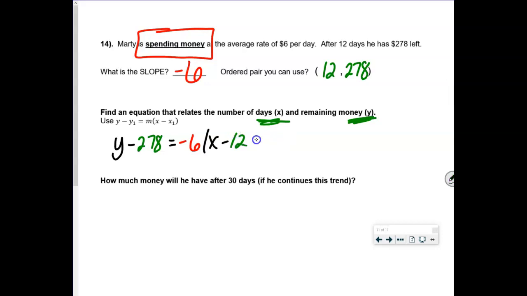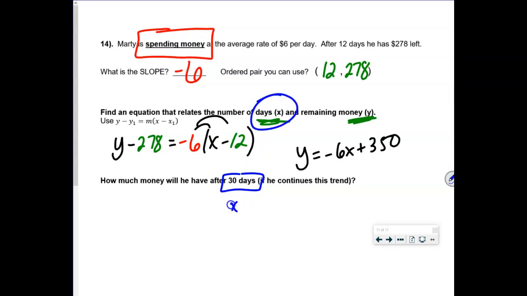For the sake of time, I'm just going to pretend that you all did this with me, but we distributed, we collected like terms, and then voila! We got this, -6x plus 350. So now it says, how much money will he have after 30 days? Am I supposed to plug that in for x or for y? Which one was day? Yes, days was x. So plug that in for x, and y'all get $170 when you're done.